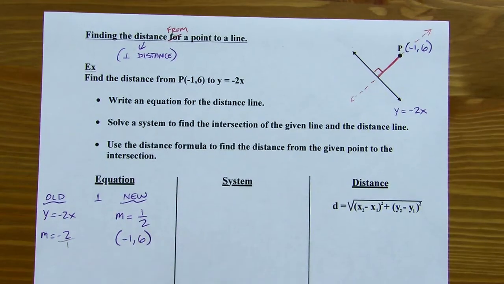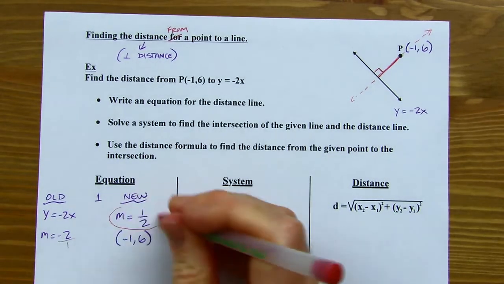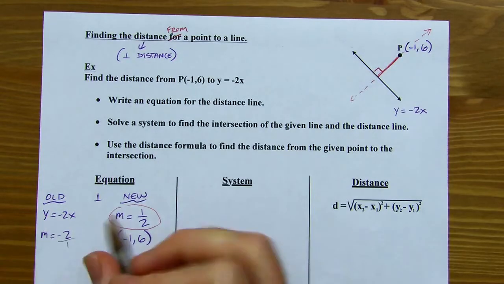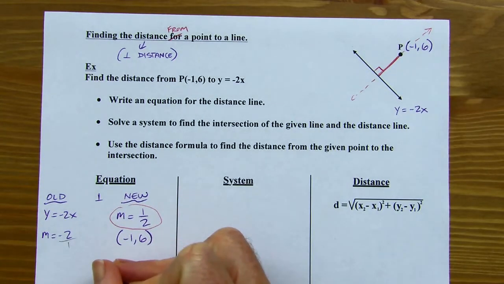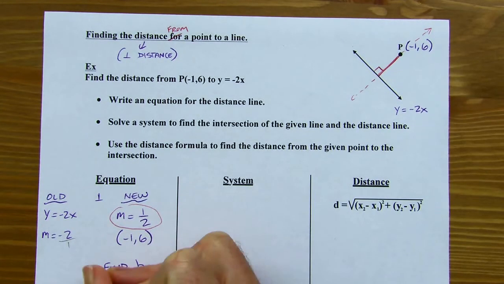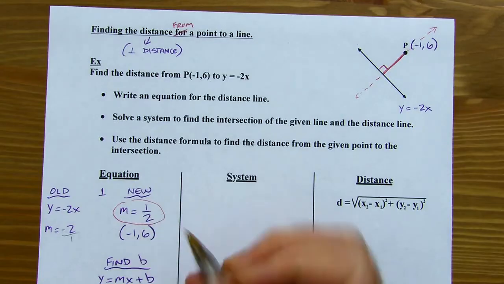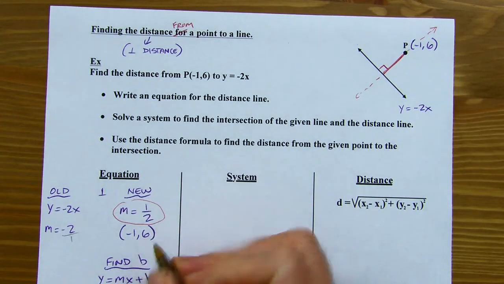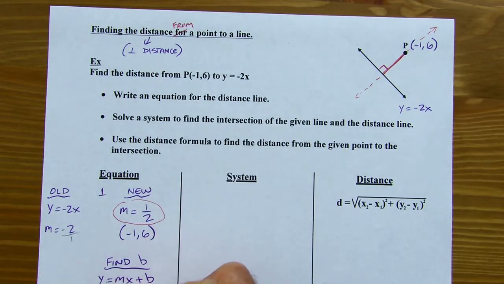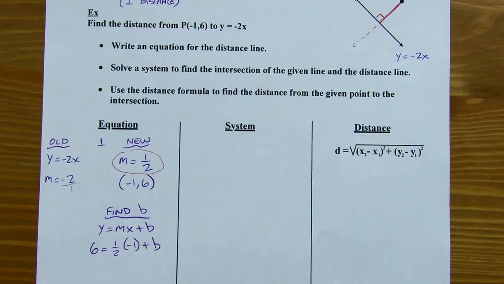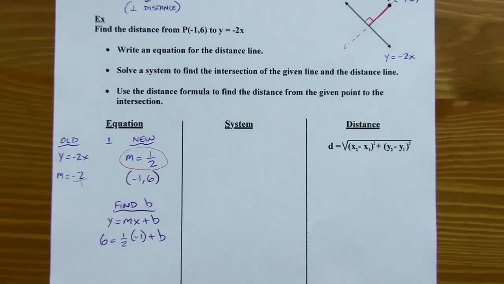We've got the slope part, we just need the intercept part, so I'm going to find b. I'm going to substitute into y equals mx plus b, using these two pieces of info: y is 6, my slope is 1/2, and x is -1, and then I should be able to solve for b.